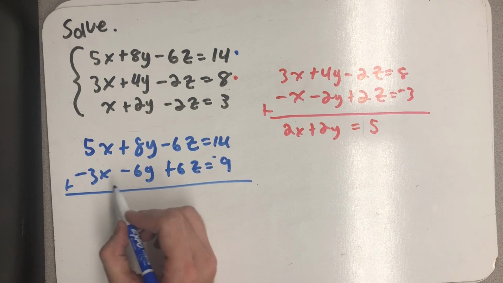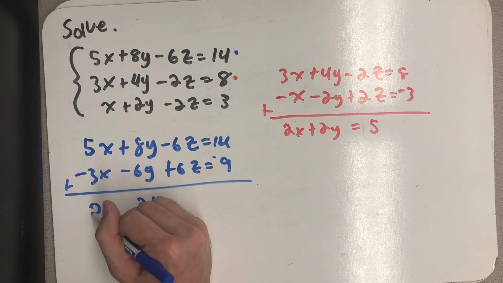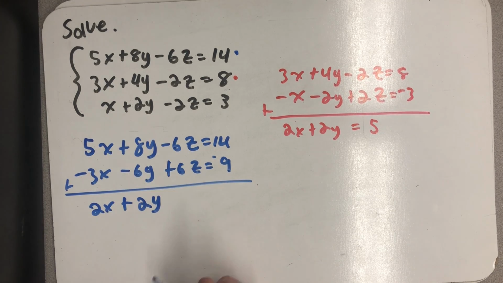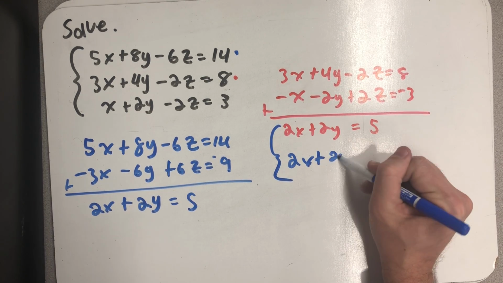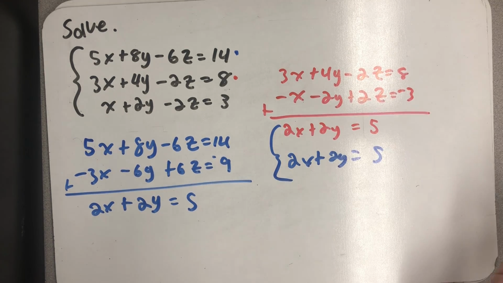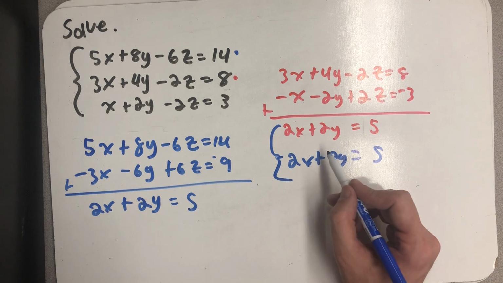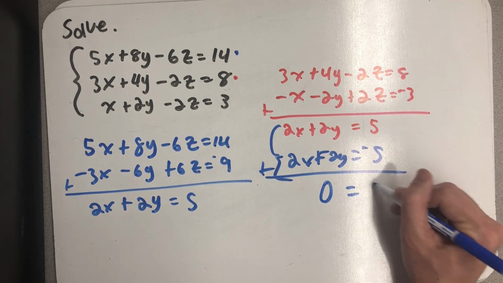All right, let's add those together. I'm going to get 2y, skip the x's, plus 2x, equals 5. And well, that's the equation I already had, right? And so I could try to eliminate a variable by making any of these a negative that I wanted to, add those together, I get 0 equals 0.